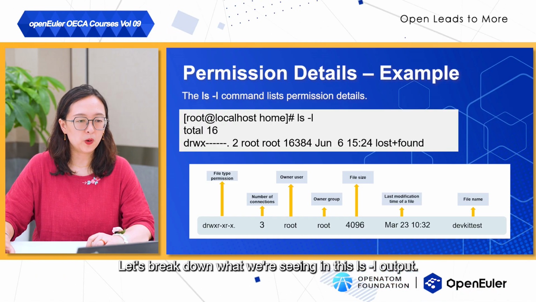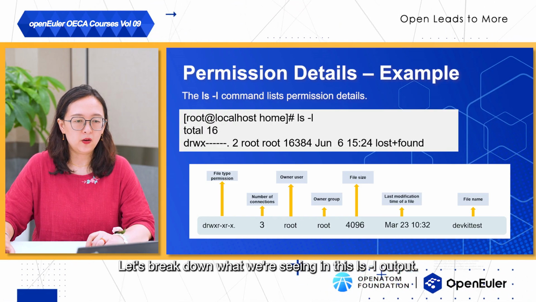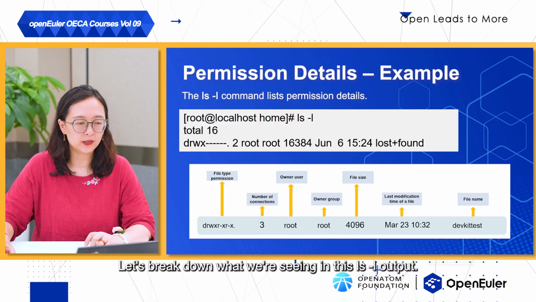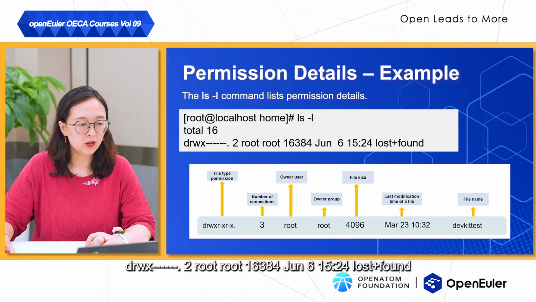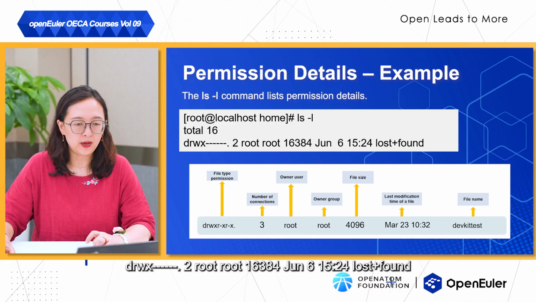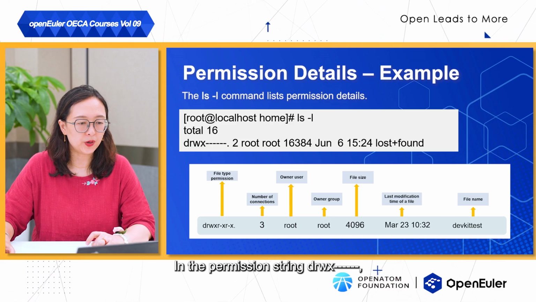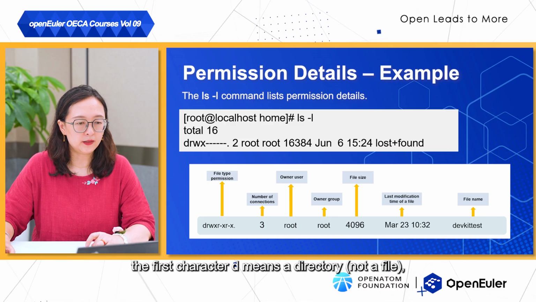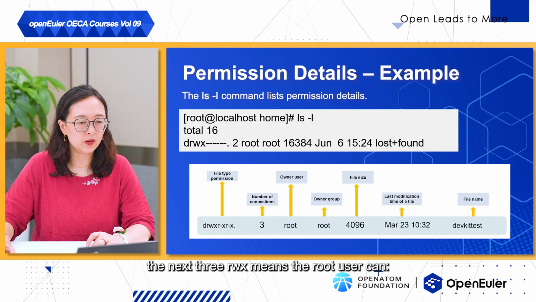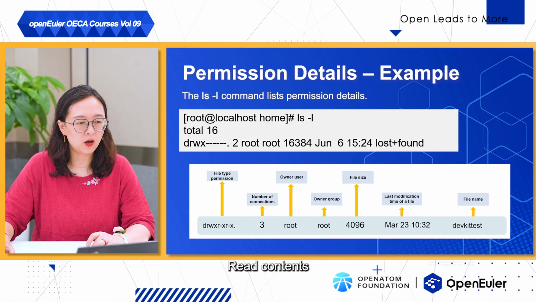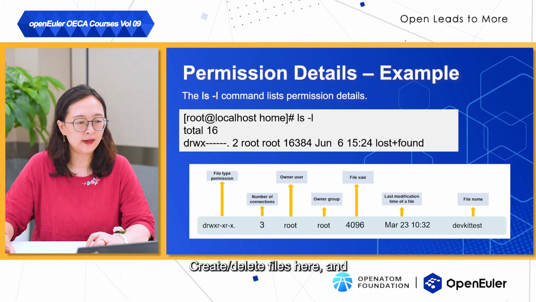Let's break down what we are seeing in this ls -l output. Look at this example: drwx------ 2 root root 16384 June 6 15:24 lost+found. In the permission string drwx------, the first character d means a directory, not a file. The next 3, rwx, mean the root user can read contents, create and delete files here, and enter the directory.